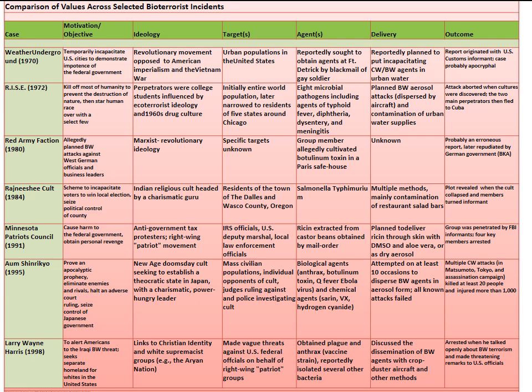And then you will also see there's a chart over here that basically keeps in mind that not only are we interested in what the biological agent is, but we also want to find out what the ideology is behind that particular person or group of persons or cult, what the target is, what kind of agents they use, and what the outcome is.